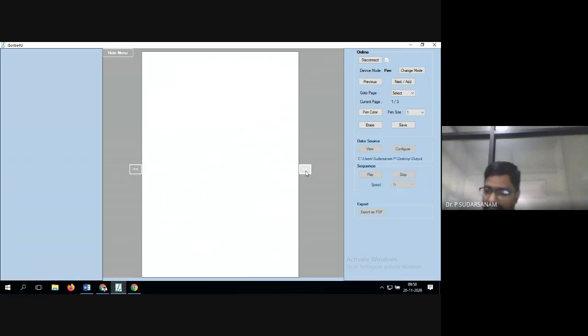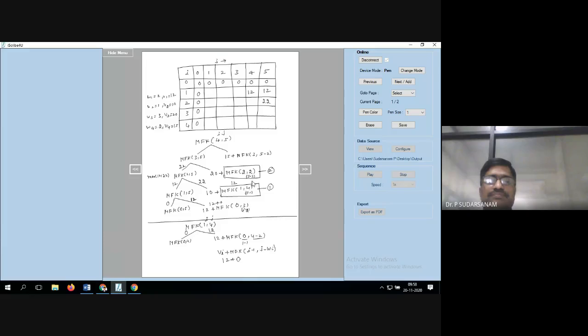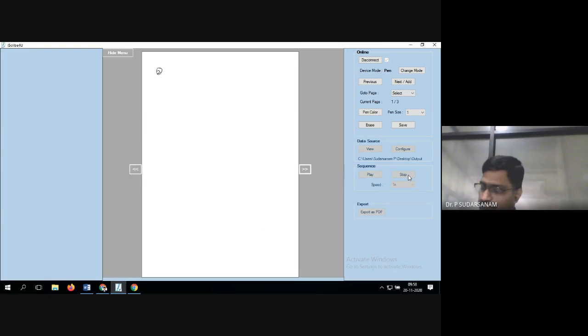Tell me what I have done. Which one do we have to calculate? The second one is nothing but MFK of 2 comma 2. So 2 comma 2 is, again on the right hand side, the same thing: MFK of i minus 1, that is 0 comma 1 comma 2, 1 comma 2.